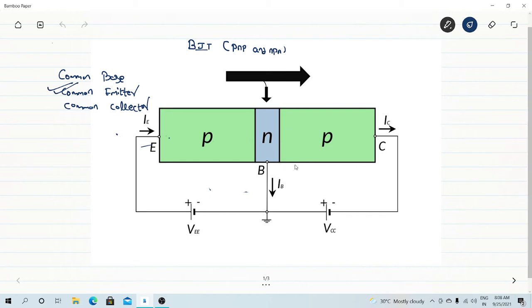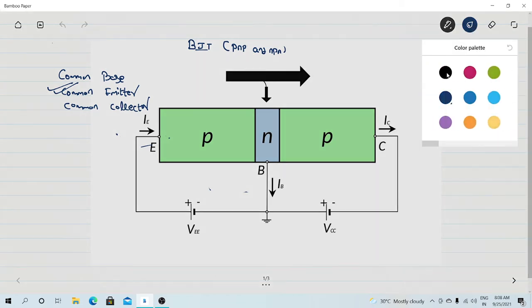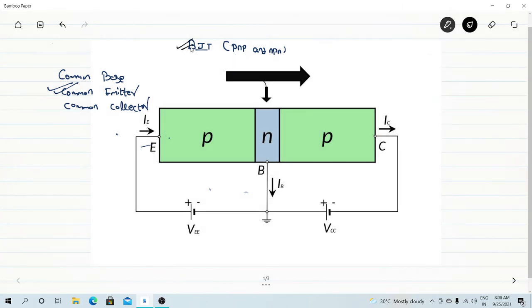Okay, so you can see my board, and basically today we are going to discuss about BJT, bipolar junction transistor. So we have two types, one is PNP and the other is NPN. What is PNP? We are taking two P sides on the outer layer and one N in the inner layer, which is sandwiched between two P layers.